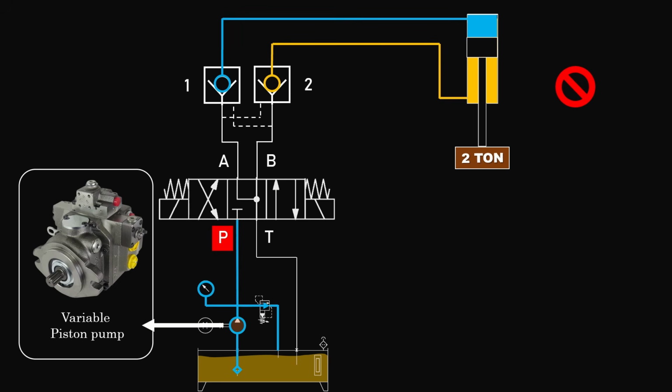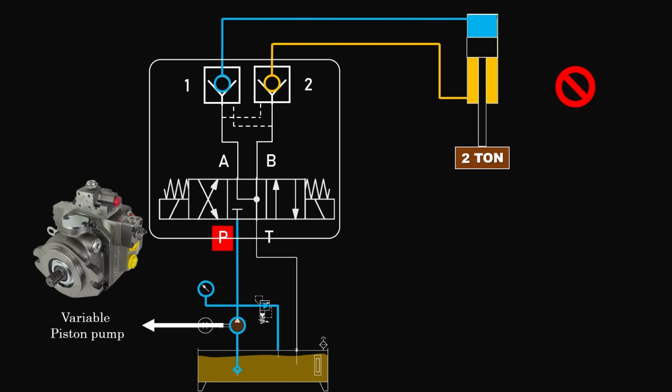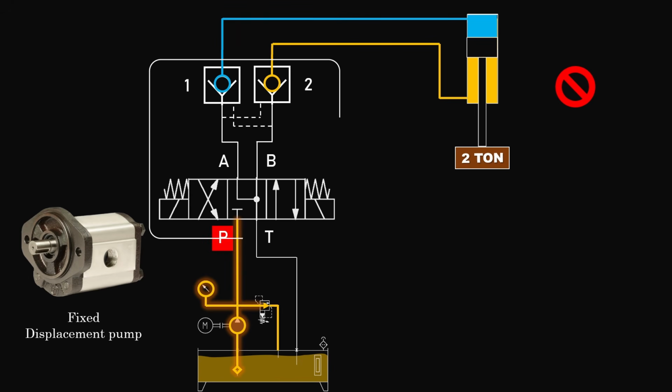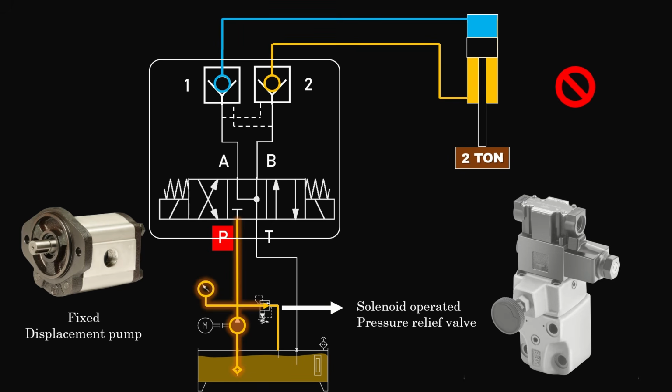If the pump is a variable piston pump, and in most hydraulic presses we use a variable piston pump, then it is better to go with a 4x3 float center with pilot operated check valves. But if the pump is a fixed displacement pump like a gear pump, then again go with float center with pilot operated check valve, but also choose one of the methods to unload the pump: a solenoid operated pressure relief valve.